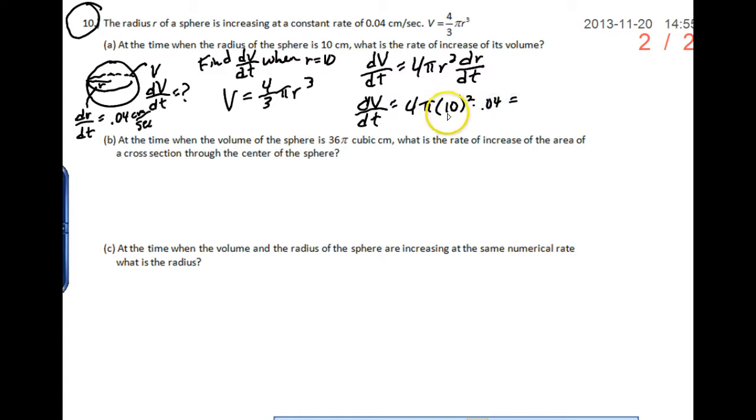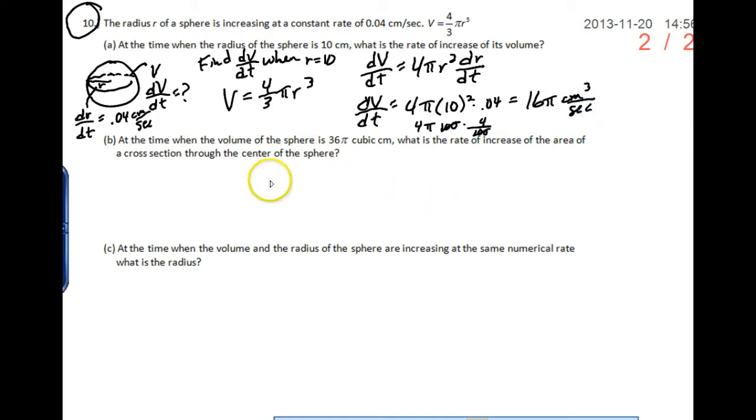So if I simplify here, 10 squared is 100, and I have 4. So 400 times 0.04. 0.04 is 4/100ths. So 400 times 0.04 gives us 16, right? Or if you write it as 4 pi times 100 times 4/100ths, the hundreds would reduce, giving you 16 pi. So 16 pi, and this is a volume, so it would be in cubic centimeters per second.